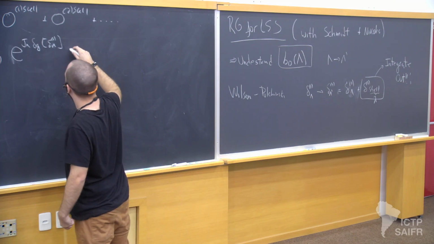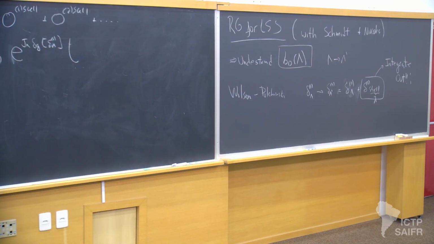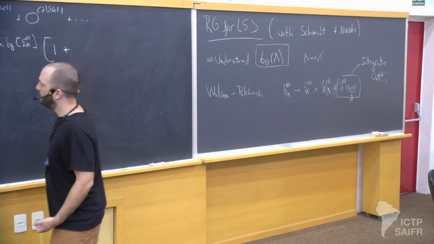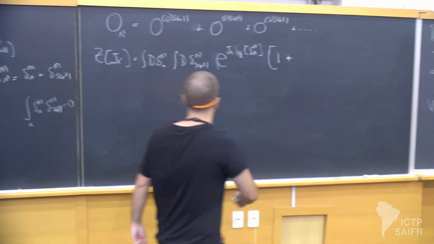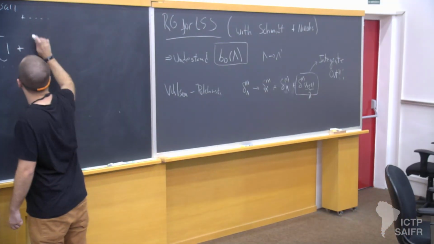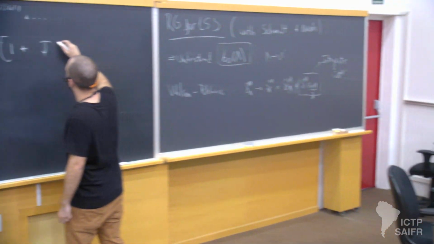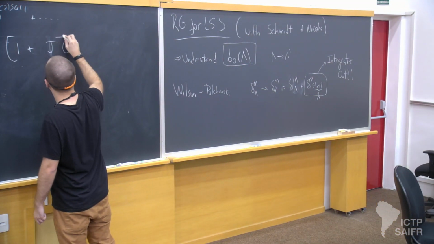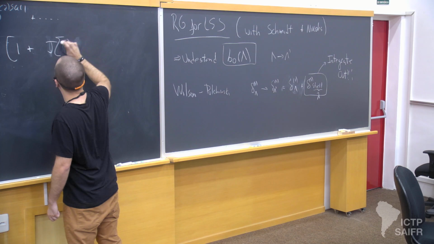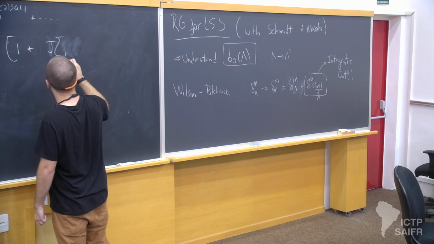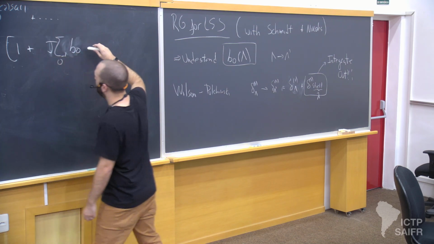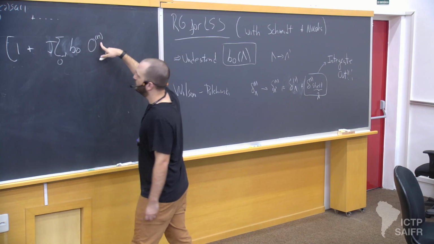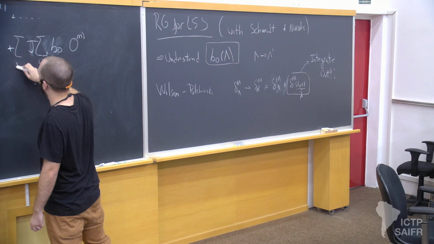And I'm going to expand the exponential in terms of the number of shells. So this is going to give me 1 plus the contraction. I'm taking the exponent here, so the contraction of J, O, and I'm going to sum over O, of course, of the O's in terms of the number of shells, so I have to sum over the number of shells.